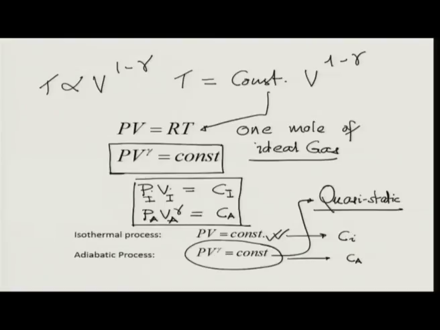Now, if I give you two PV diagrams, not isotherms, I correct myself, since in an adiabatic process temperature is not constant. So, I give you two curves, two PV diagrams, and ask you the question: if one is adiabatic and other is isothermal, which one is isothermal, which one is adiabatic? I leave this question with you, and in the beginning of the next lecture we will come to that.